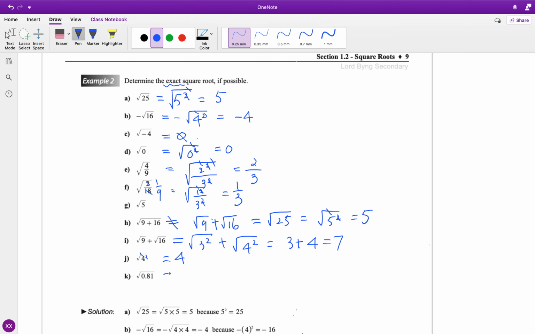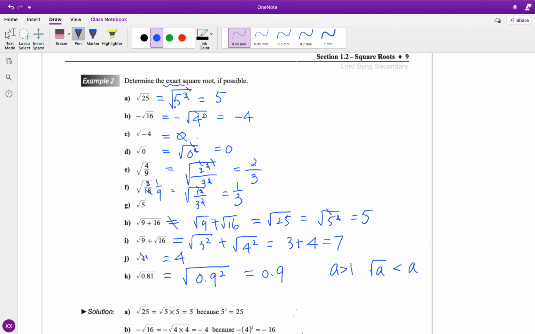And then this one, the interesting thing is that this is 0.9 to the power of 2. Then that is 0.9, you see? The interesting thing is that when a number is larger than 1, then the root of a will be smaller than itself, right?